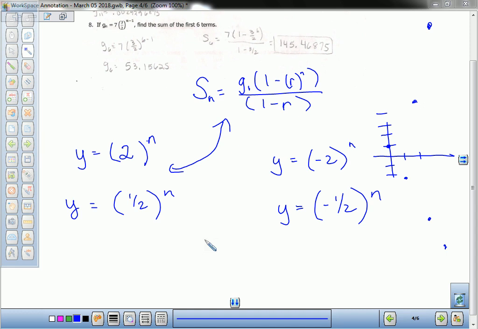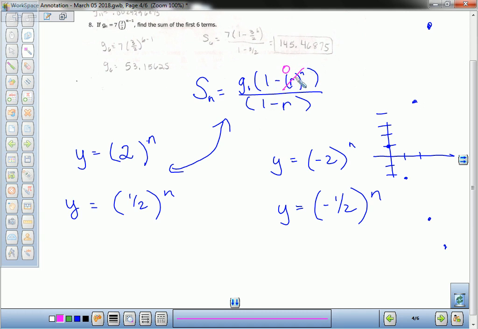Okay, so what does that do to this? If I raise that ratio, 1/2, to an infinitely large number, it's like 0. So that makes the whole equation kind of go away, doesn't it? This part of the equation has a value of 0.